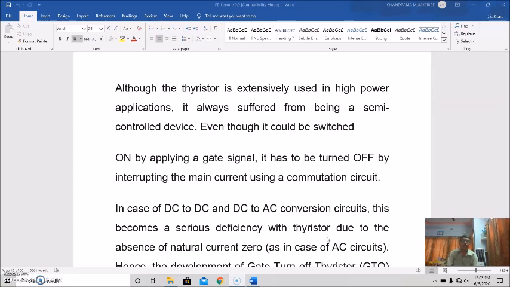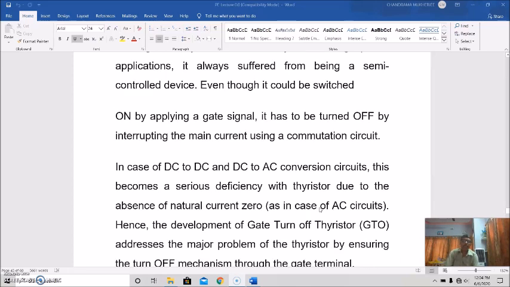Thyristor, although extensively used in high power applications, always suffered from being a semi-controlled device. Even though it could be switched on by applying a gate signal, it has to be turned off by interrupting the main current using a commutation circuit.